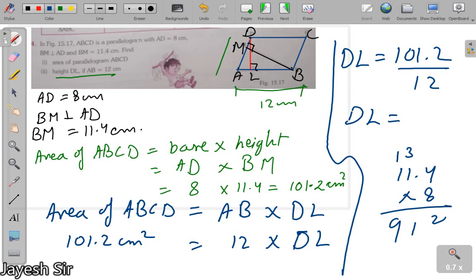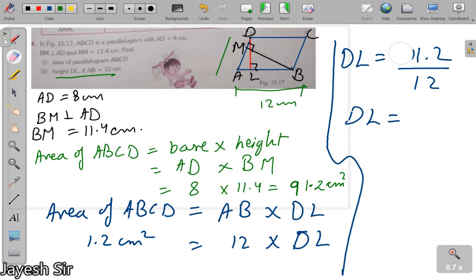My earlier answer was correct, no? Area here is 91.2. 91.2, and now we can find the answer.